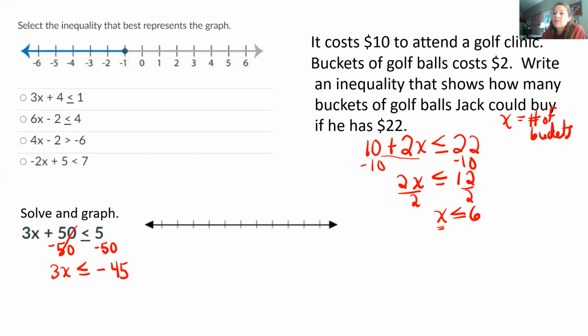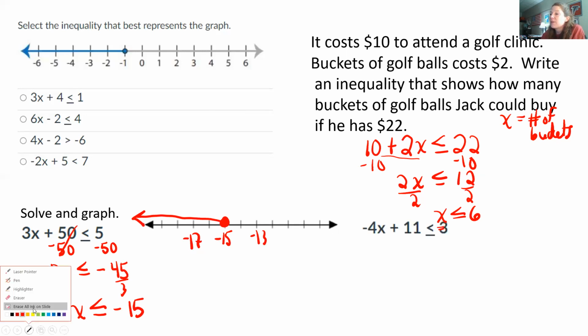And then the opposite of times +3, we're going to divide by +3. So x is less than or equal to -15. All right, so -15 goes in the middle. This will be -13, this will be -17. We're going to fill that in and point to the left, just like our inequality sign.